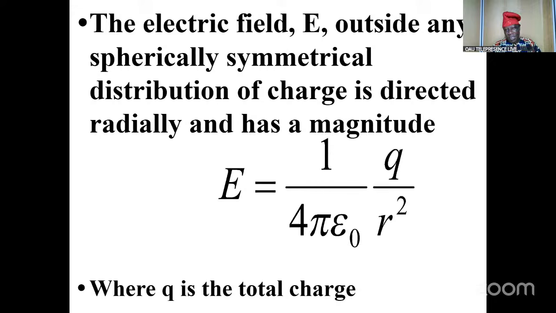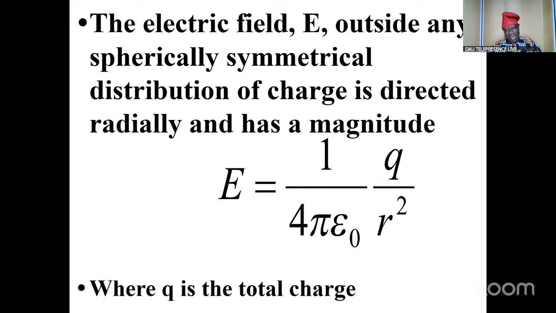But the electric field E inside a uniform sphere of charge directed radially has a magnitude E equals lambda over 2 pi epsilon naught R. Now you have to be mindful of the difference between this equation.